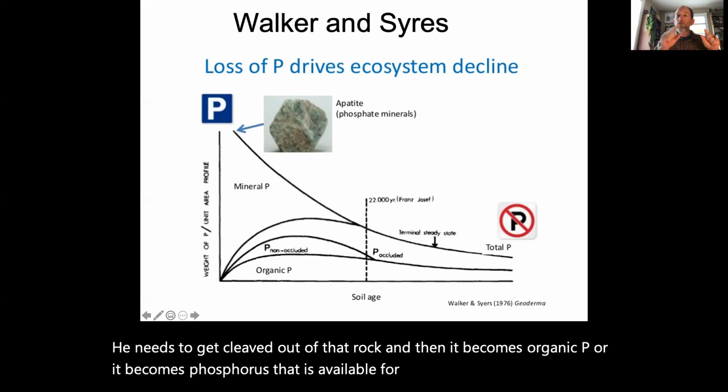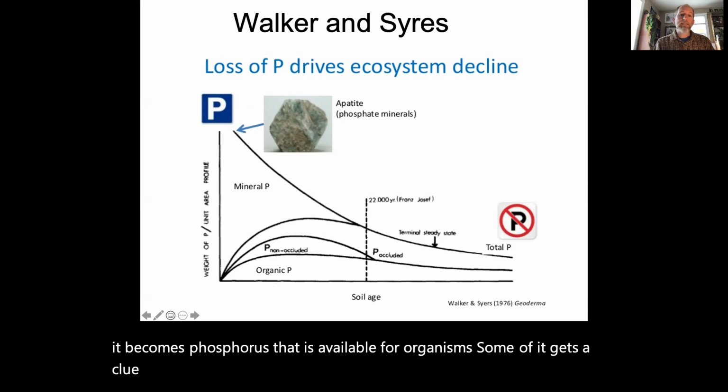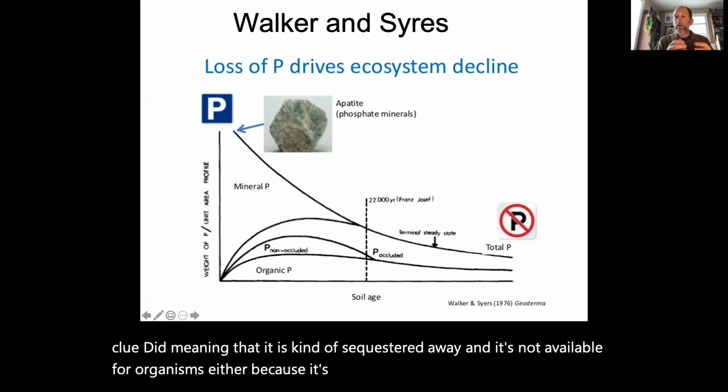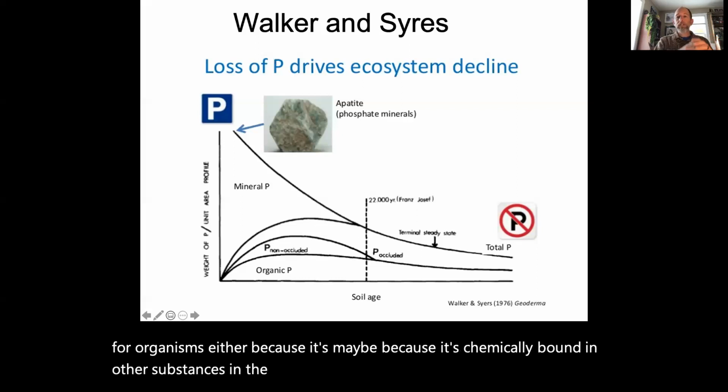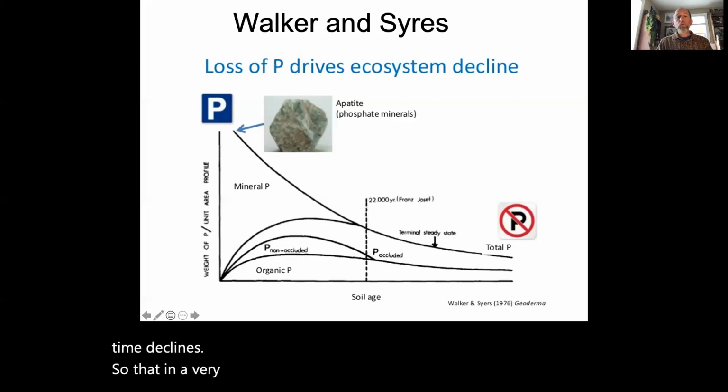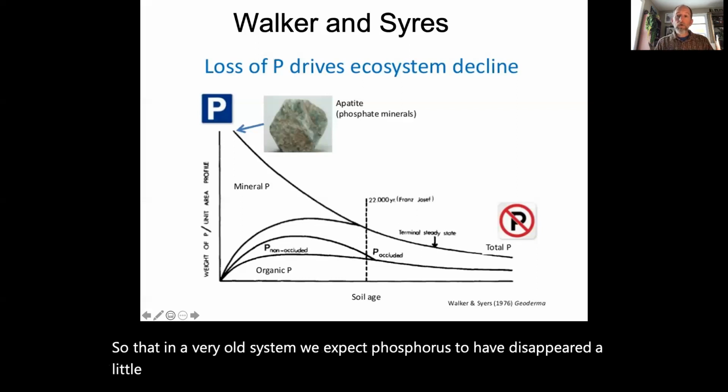Some of it gets occluded, meaning that it is sequestered away and not available to organisms, maybe because it's chemically bound in other substances in the soil. So just a fraction of what gets broken out of that rock becomes available to organisms. That peaks and then declines through time, so that in a very old system, we expect phosphorus to have disappeared a little bit. It's eroded away, it's weathered away, and there's less phosphorus available for organisms.